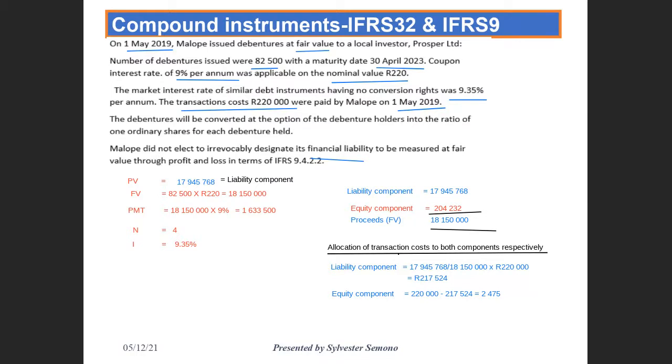I'm going to say effective annual rate after transaction costs. It will make sense if I do it like this. I'm going to calculate the effective annual rate after transaction costs. So I'm going to make sure that I do that.